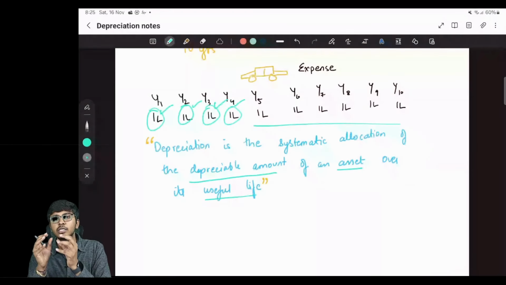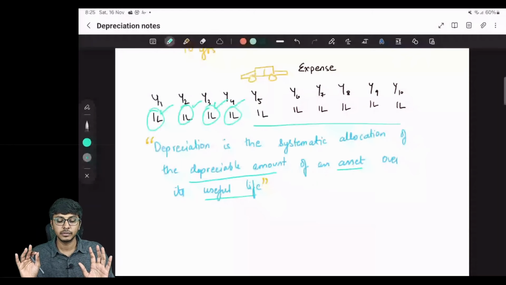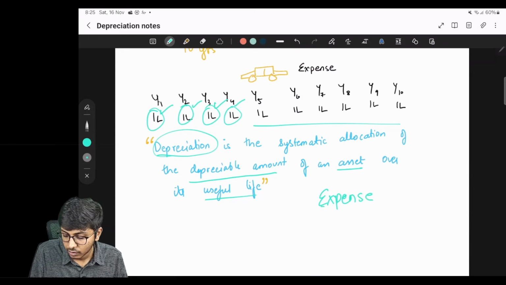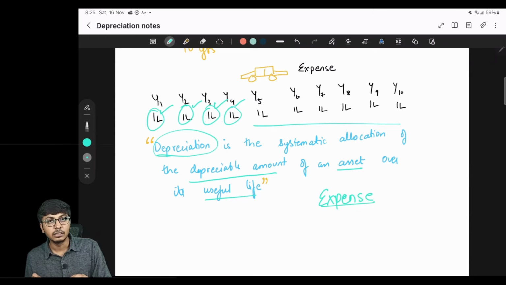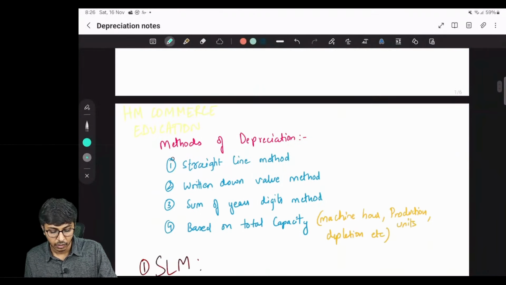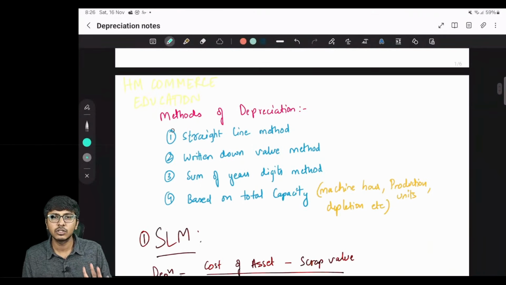How much are we removing? Systematically over the useful life, some amount we are removing and we are putting it to P and L. Okay. So depreciation is what? It's an expense. So depreciation is an expense. Expense how? You're removing the asset and treating it as expense. Got it? Okay. So we'll quickly see the methods of depreciation.